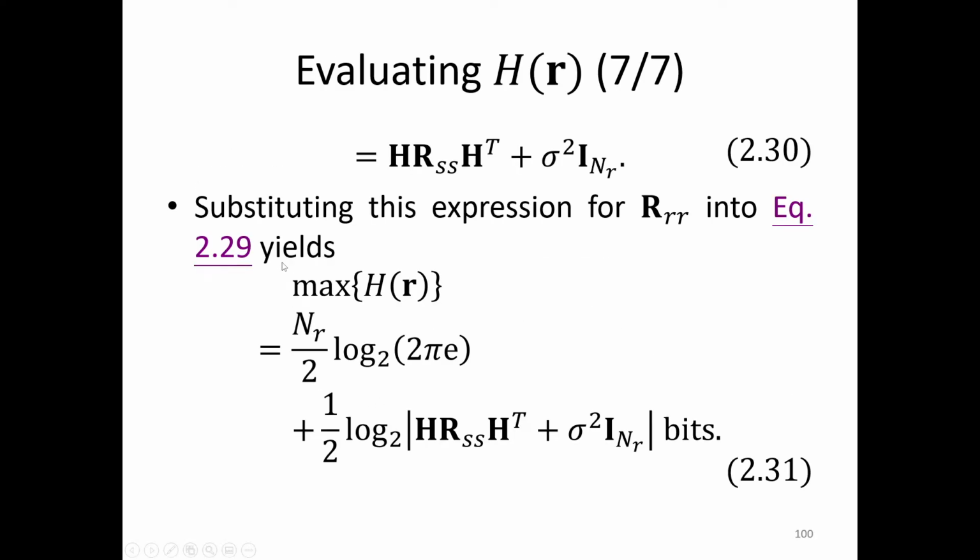So this yields the maximum of H of R equal to NR over 2 times log 2 of 2 pi e plus 1 over 2 times log 2 of the determinant of H times R_SS times H transpose plus sigma square times I_NR bits.